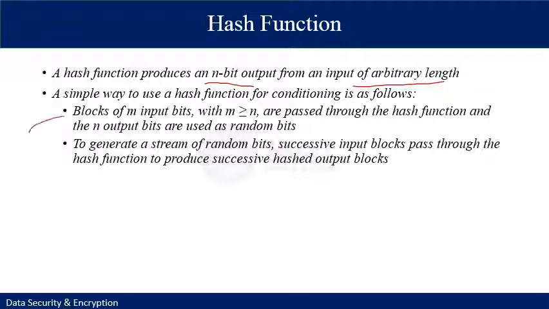A block of m input bits, with m greater than n, is passed through the hash function, and the n output bits are used as random bits. To generate a stream of random bits, successive input blocks pass through the hash function to produce successive hashed output blocks.